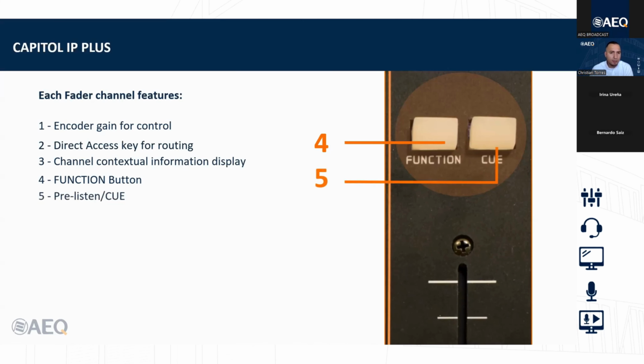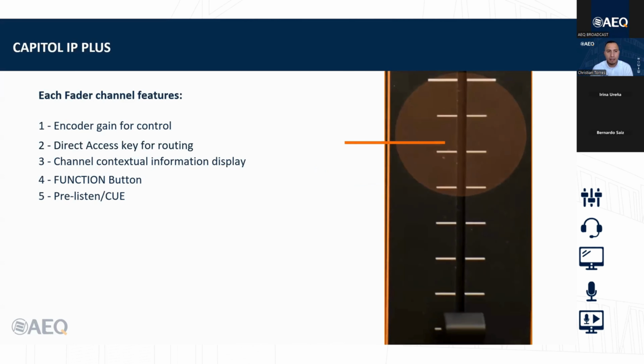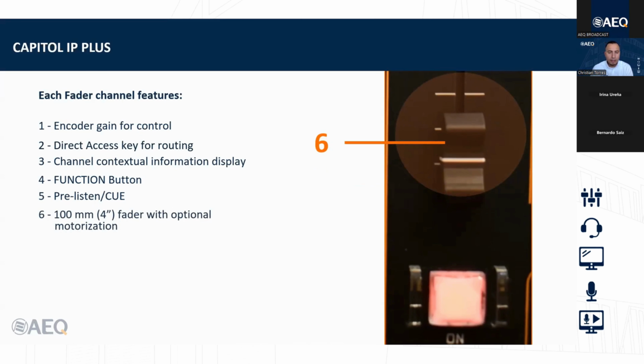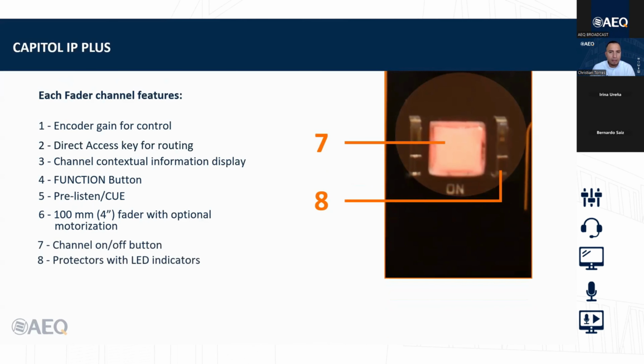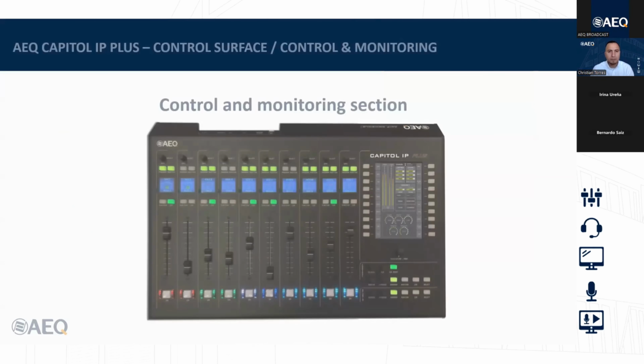The pre-listen queue is a normal signal for pre-listening in this channel before you send it on air. It has a fader with 100 millimeters, 4 inches, with optional motorization in the next version, the fourth version. It has a button for channel on/off and protector with LED indicators.